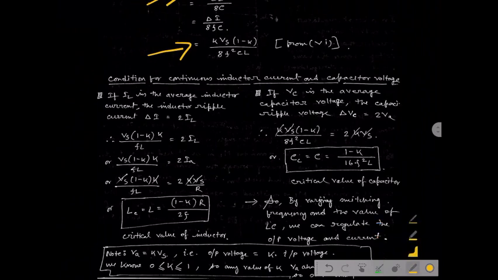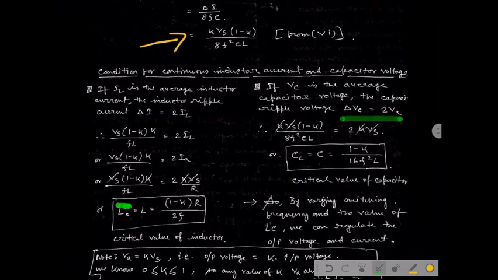As we know, if IL is the average inductor current, the inductor ripple current will be del IL equal to 2 into IL. Similarly, if VC is the average capacitor voltage, the capacitor ripple voltage should be del VC equal to 2 VA.